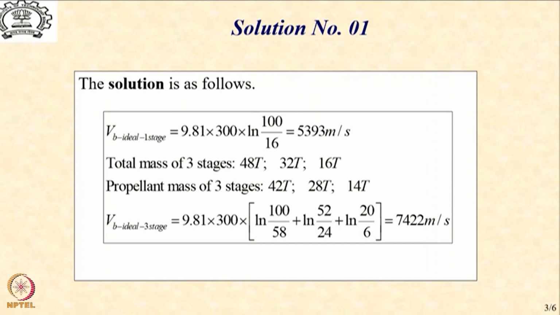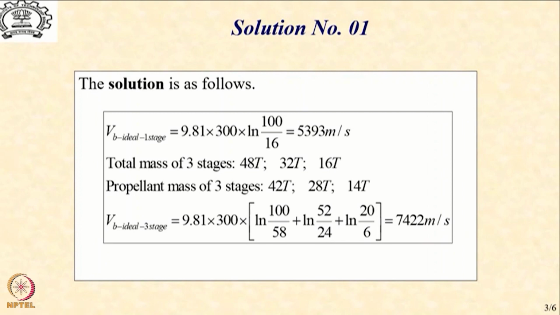It's not very difficult to find out that if the mass is distributed in the following manner, that is 48 tons in the first stage, 32 tons in the second stage and 16 tons in the third stage, we would have distributed the total 96 tons in the ratio of 3 to 1.